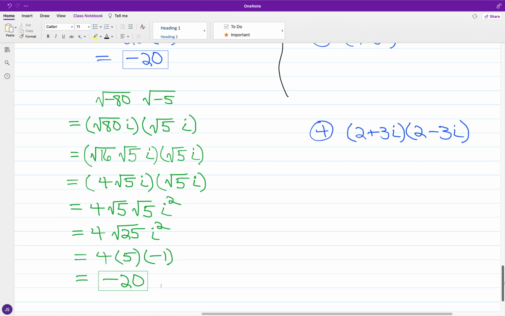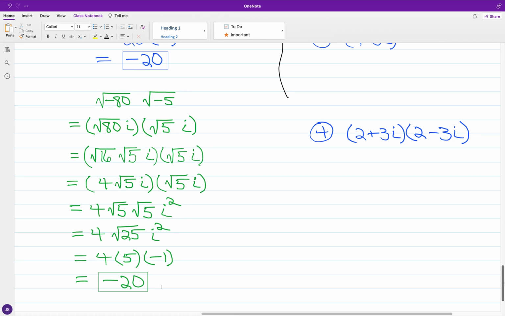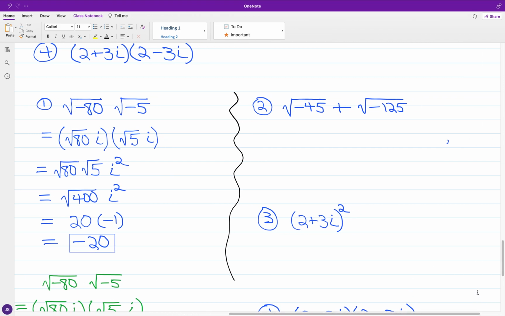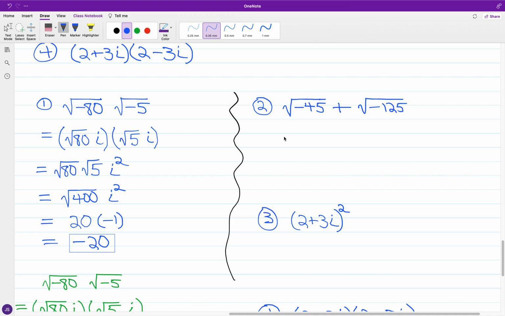Right. Now, for the second problem, we're looking at adding complex radicals. So here we have the square root of negative 45 plus the square root of negative 125.